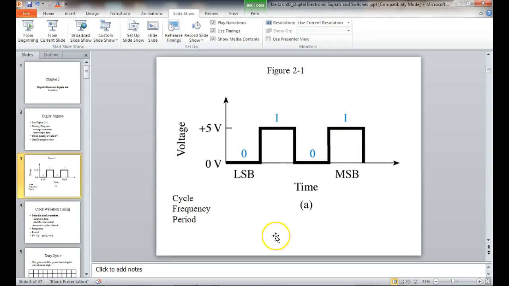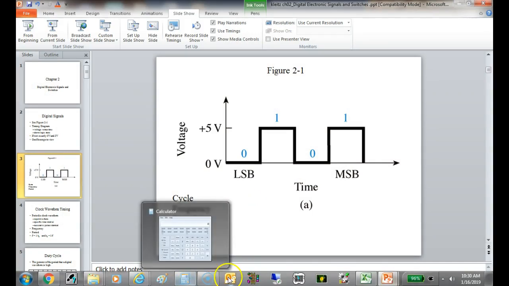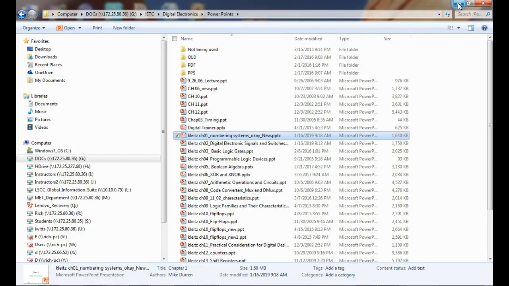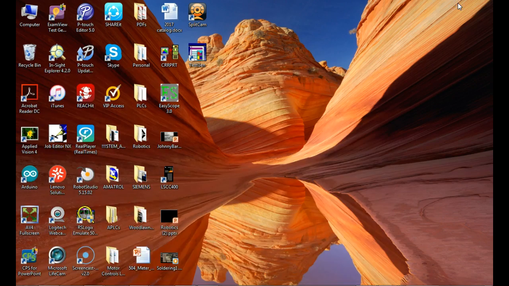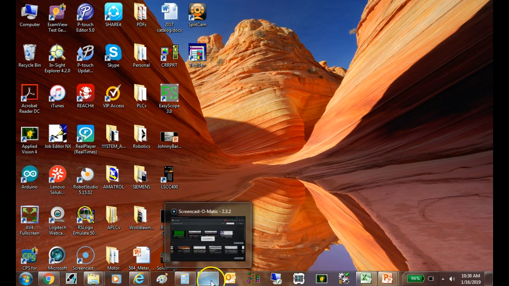Most digital devices, not all, have to be timed to make sure everything's in the right place at the right time. When we talk about processors, we say it's 1.2 gigahertz or something like that, and that's the actual clock timing everything inside the processor.